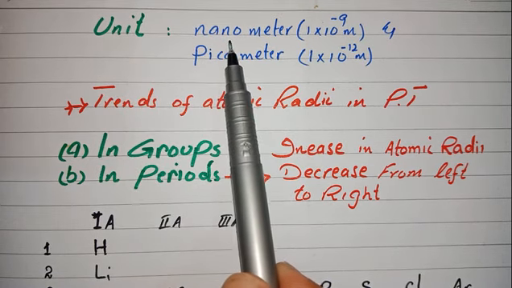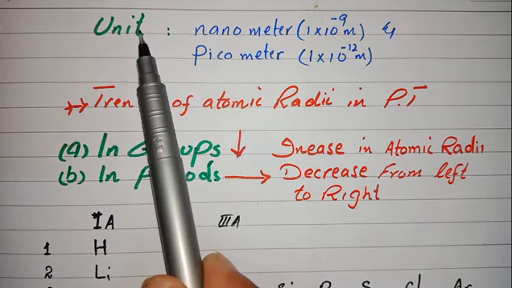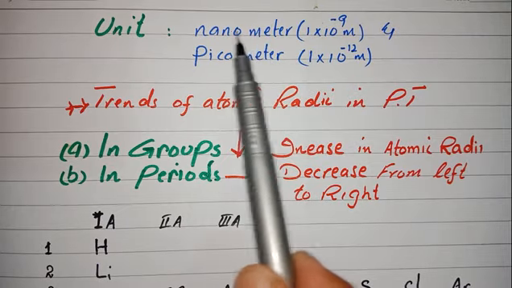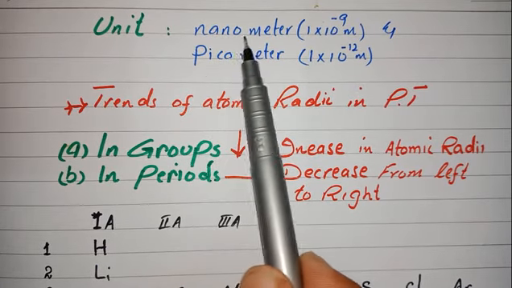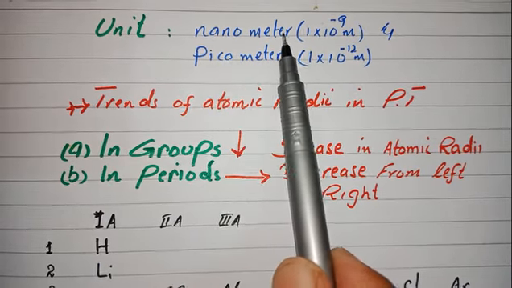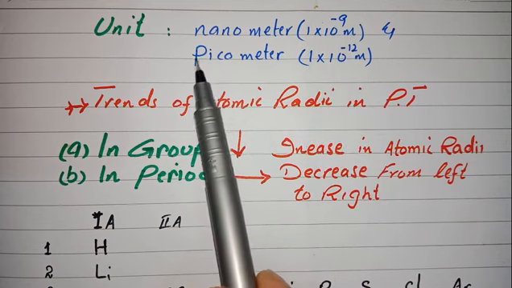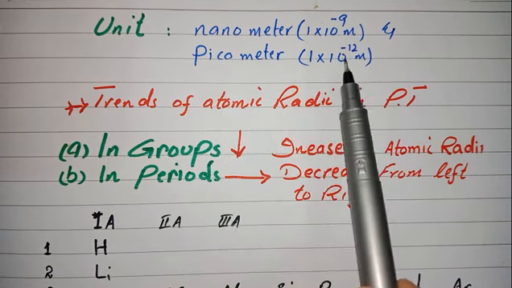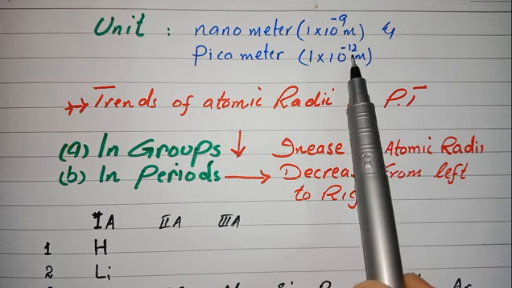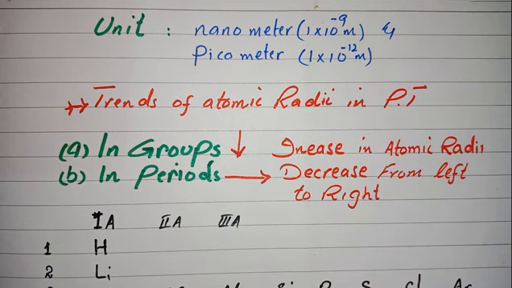And as an atom is a very small particle, the unit of length used for the radius of an atom is the nanometer, which is equal to 1 times 10 power minus 9 meter, or the picometer, which is 1 times 10 power minus 12 meter.